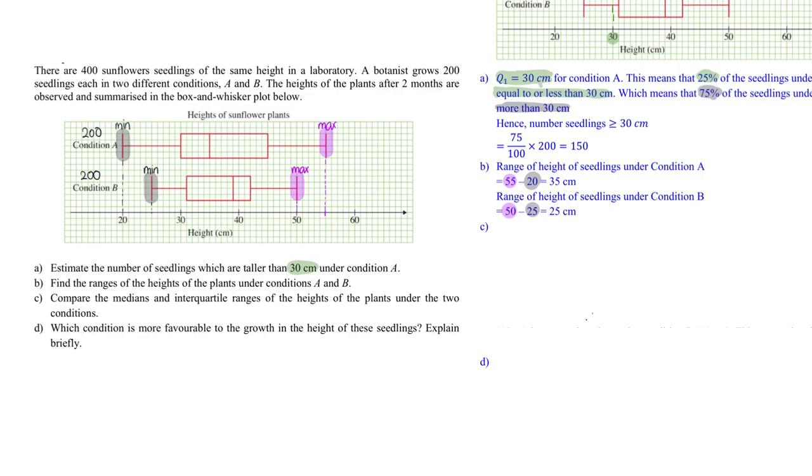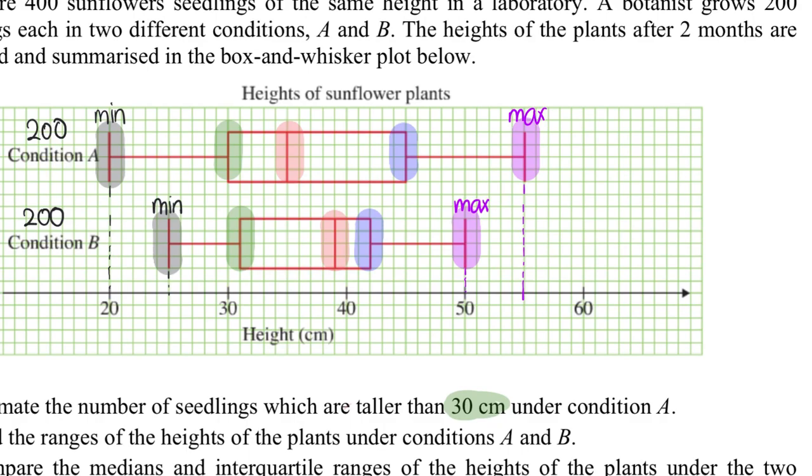Part C, compare the median and the interquartile range. Which one is higher, which one is lower, or are they equal? Well, this means that I will then have to find the respective median and interquartile range. So for median, this will be for condition A, this will be for condition B. For interquartile range, I will need my upper quartile and my lower quartile. So I'm going to just denote it here.